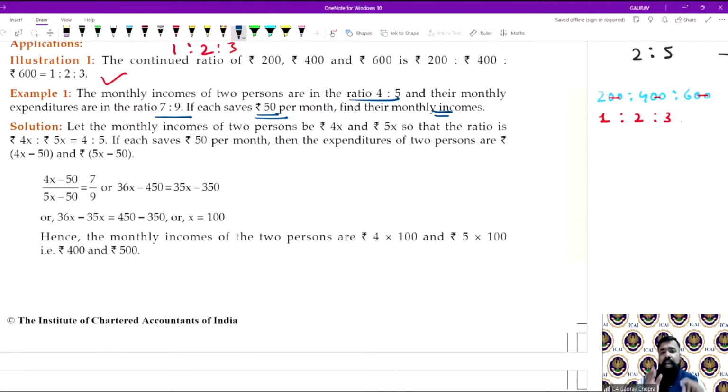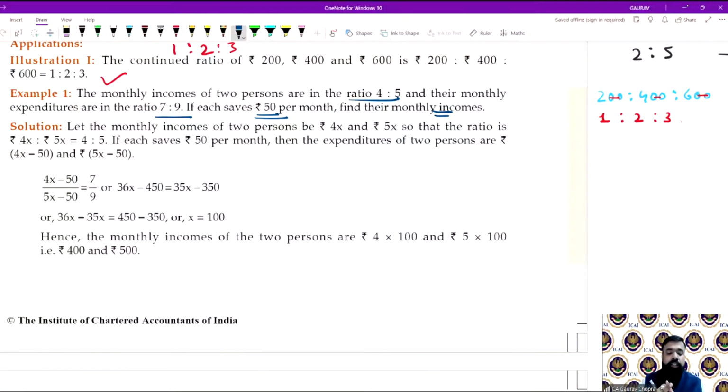Here we have to recall one basic formula, which you normally read in your accounts subjects: income, expenditure, and saving. What is the relation between these three?